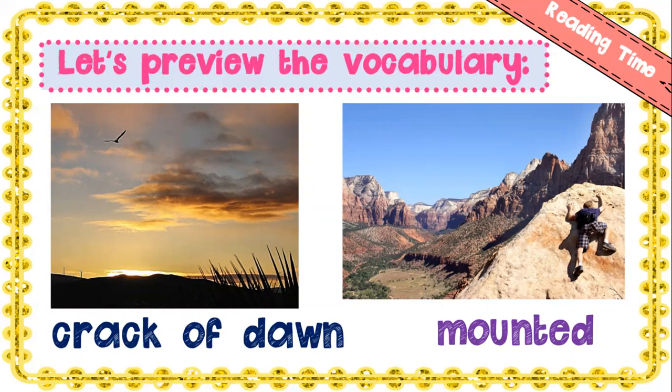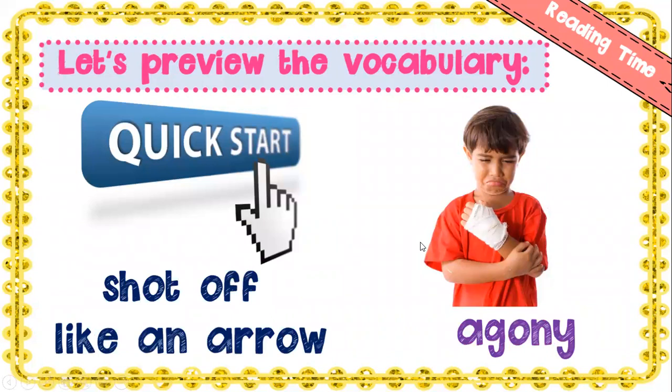So the knight mounted his horse and began riding away. So he climbed up on. Shot off like an arrow. The term shot off like an arrow means started quickly. The horse shot off like an arrow after hearing the horn blow. So it started super quick.